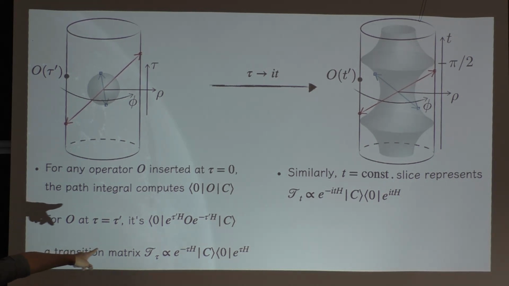So if we take the tau goes to i t continuation, we directly get the Lorentzian counterpart of the picture we depicted here. What happens in this case is that you have a time evolved crosscap state and a time evolved ground state, and this combination gives you a description of this dS2 end of the world brane.